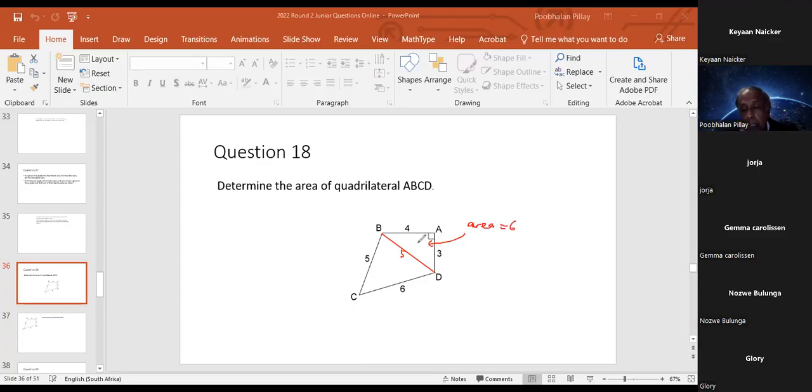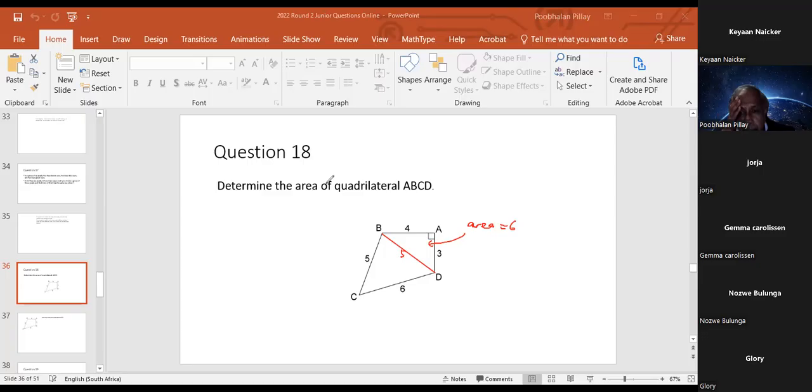Right, so the Pythagoras' theorem tells you that if you got two sides are 3 and 4, then the next side would be 5. 3 squared plus 4 squared, square root of 25. So now you've got a little bit more information. You've got 5, 5, 6. We still don't know the area of this triangle because we don't have the height.